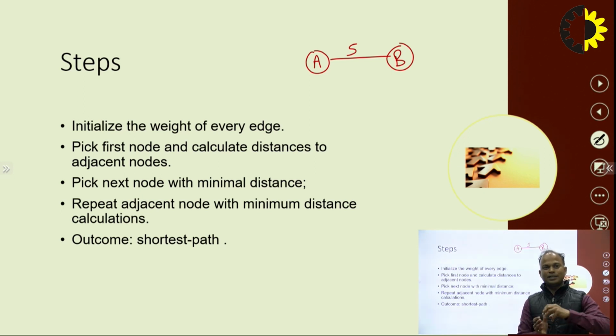So we need to find out the distance from the source to its adjacents, and whichever distance is minimum, we have to proceed accordingly. And we need to work on the minimal distance, the minimal travel distance.